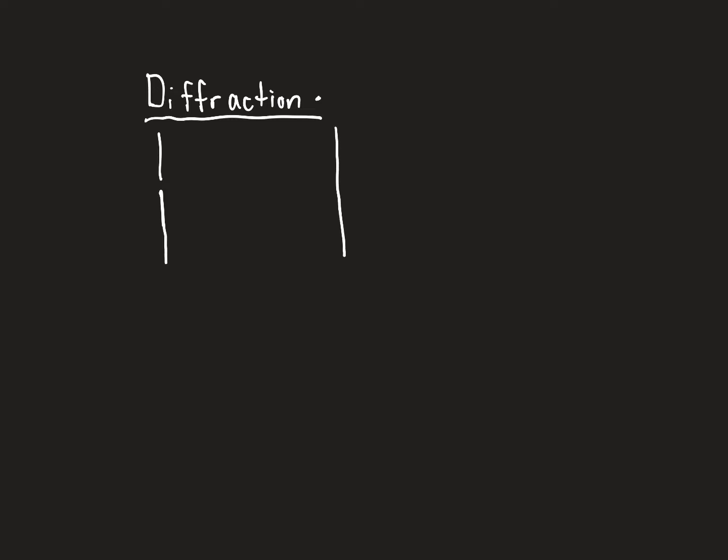We have a screen a distance, we'll say uppercase D, away. The size of the slit here is going to be a. So instead of lowercase d for the separation of slits, we're using a for the size of that slit, the size of the open space that light is coming through. And we get bright spot, dark spot, bright spot, dark spot, and so on on either side.